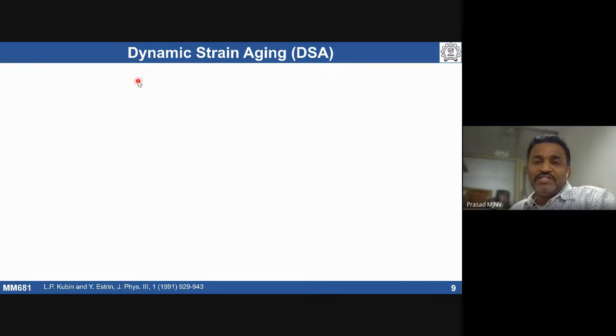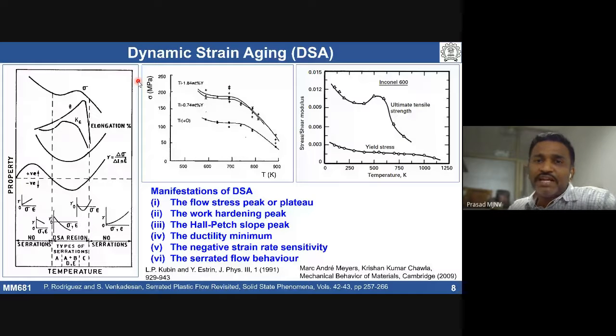Whatever phenomena we have seen here were at a particular fixed strain rate. If I change the strain rate, we may see some shift in the temperatures. With increasing strain rate, the time has come down. That means you have to increase the temperature. Am I right? For example, all this data was established at a given strain rate, 10 power minus 3 per second.